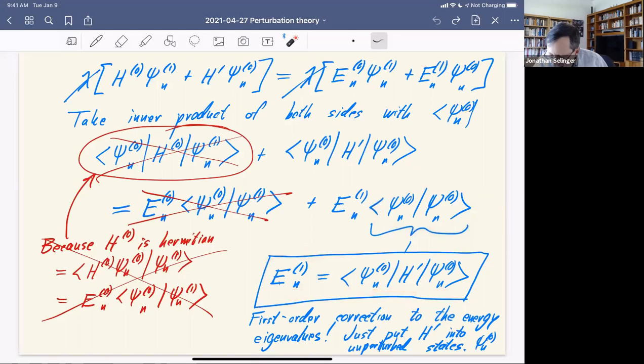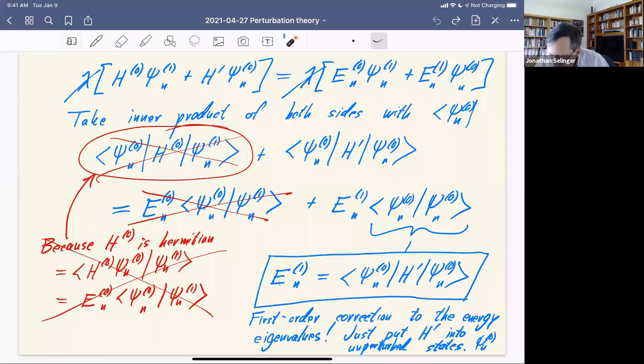This is an expectation value where you take the perturbation, that is, the little change in the Hamiltonian, and you find the expectation value of that operator in the old unperturbed state, the state psi 0n. So that is a relatively simple thing to calculate.